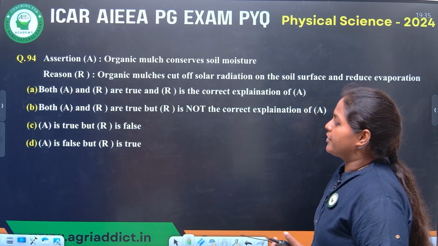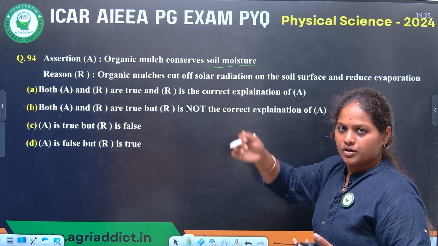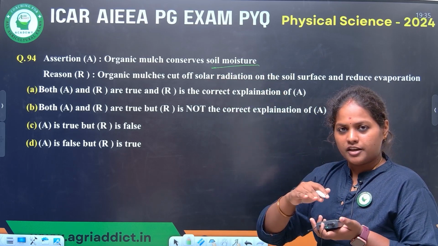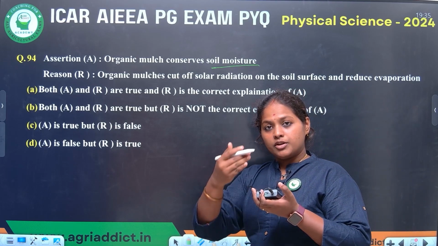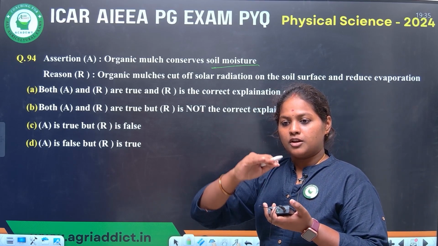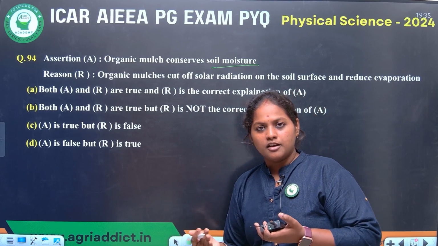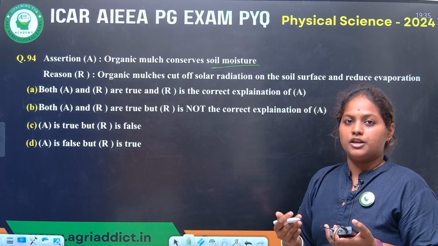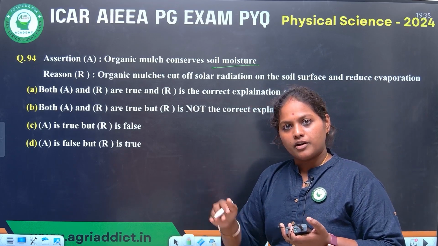Question number 94. Assertion. Organic mulch conserves soil moisture. True, because mulch covers the soil very nicely, protecting it from erosion, and mulch also stops the loss of moisture from soil due to high temperatures and external agents. It will regulate the soil temperature very well and stop the growth of weeds by covering the soil.